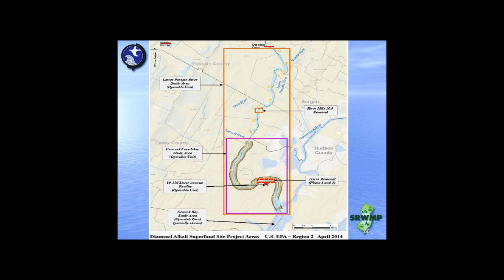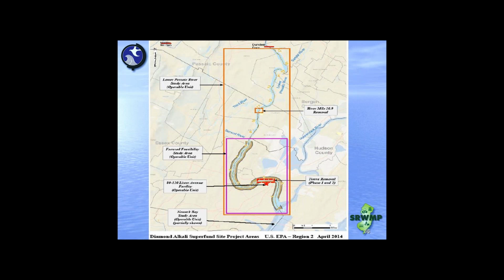Operable units under Superfund are almost like AOCs, but the operable units are all related to a single major site or discharge. In this case, in the lower part of the slide, there's a red star. I'm not sure if you can all see that very clearly, but operable unit 1 is the former Diamond Alkali site in Newark, New Jersey.